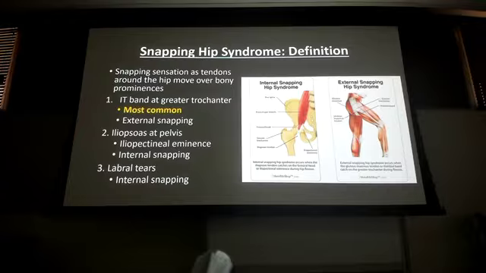So that snapping could be internal snapping at the iliopectineal. Okay, and then here we go again with labral tears, right? That's internal snapping, but what that means by internal snapping in this case is that it's intra-articular. Does that make sense? Okay, so the iliopectineal eminence, is that intra-articular? Negative. Okay, so don't get confused by that terminology.